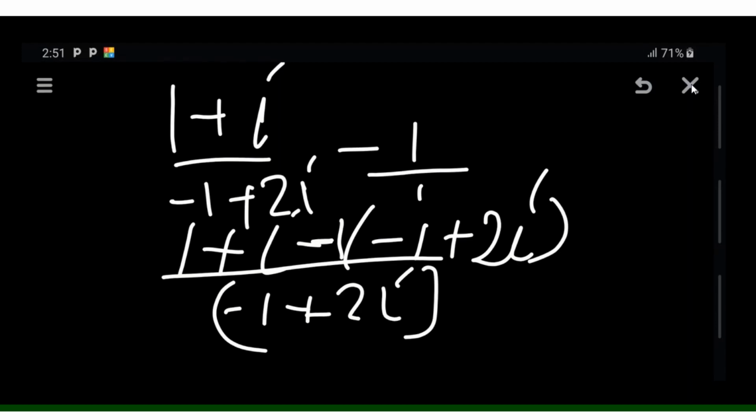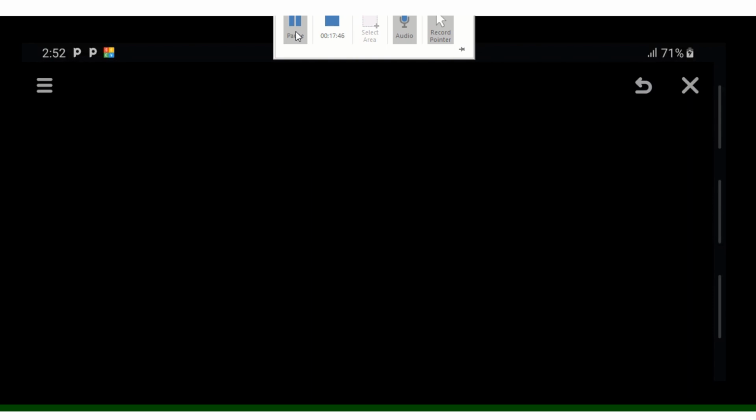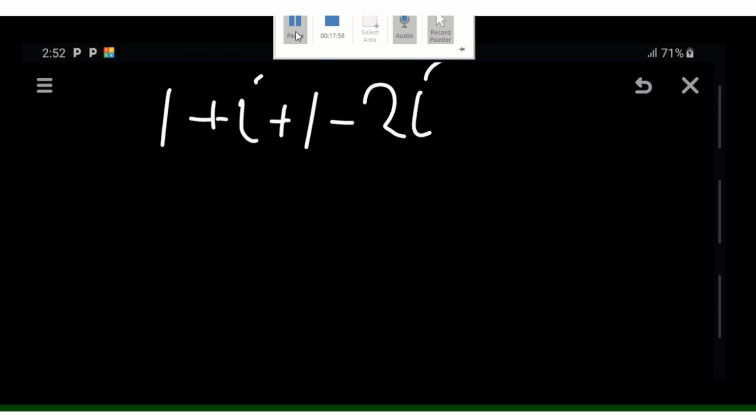We need to multiply them. So as minus i, a plus i. Negative times negative is positive, minus 2i when you multiply that part over, minus 1 plus 2i.